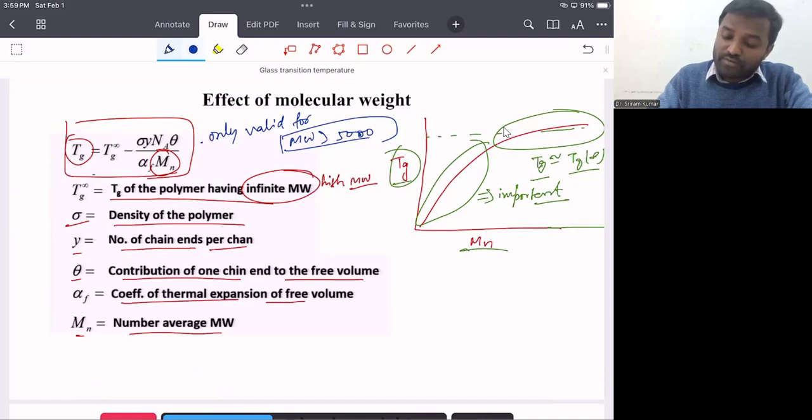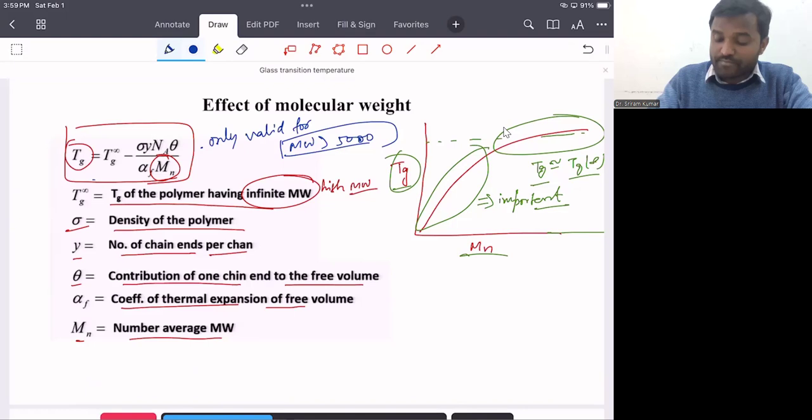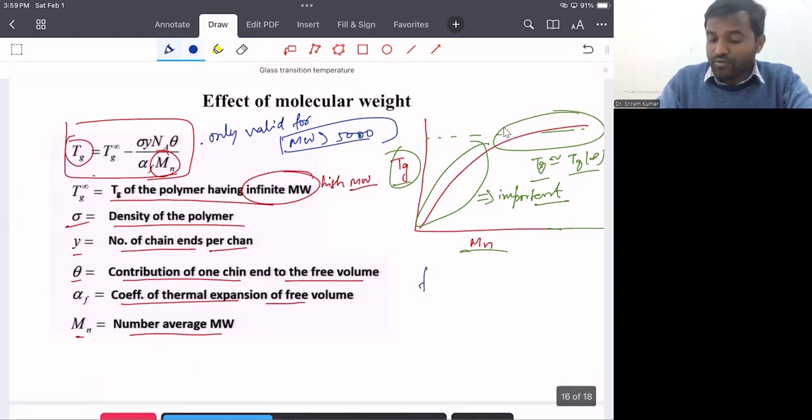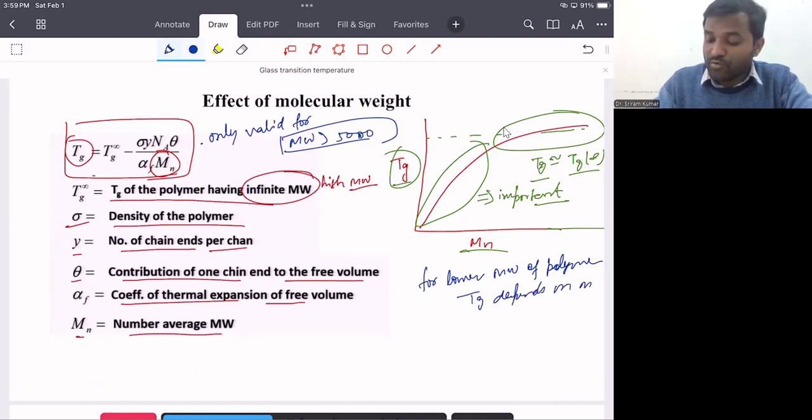So how will we know for lower molecular weight polymer how the Tg depends on molecular weight?